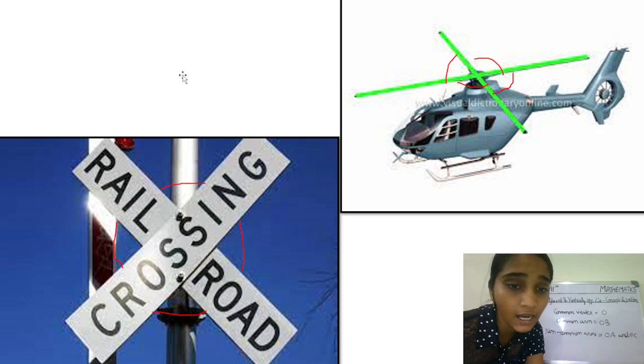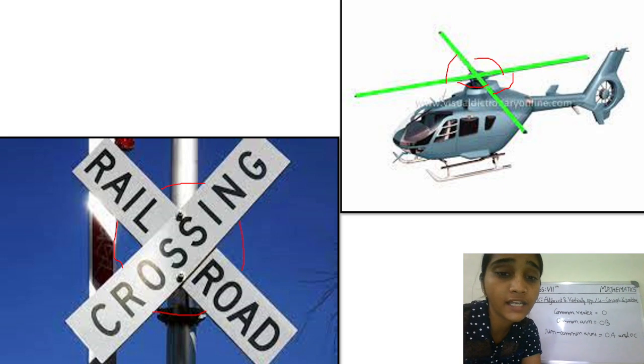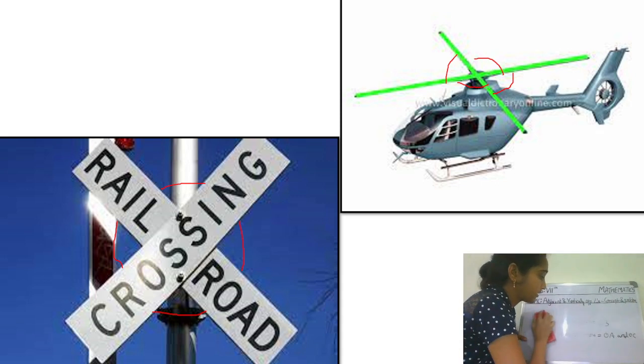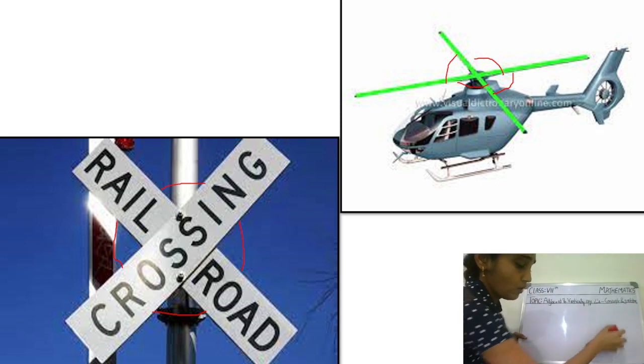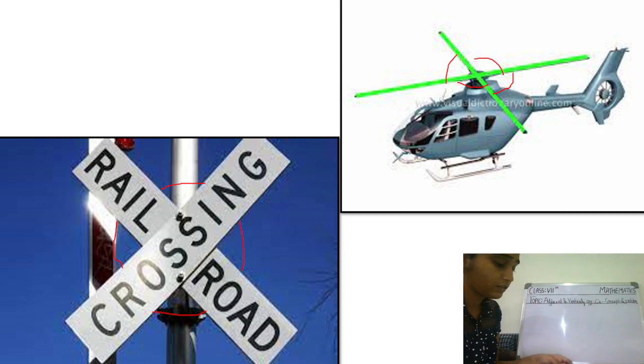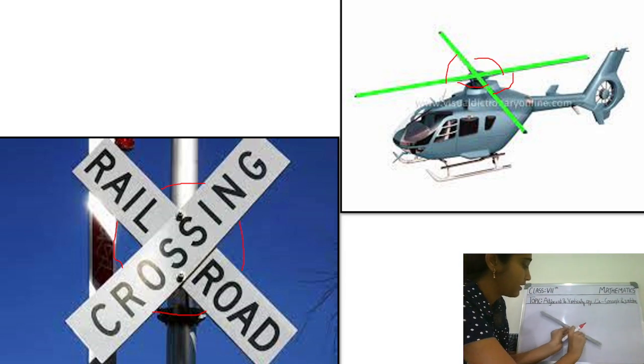So students, if I ask you to mark opposite angles in them, what will you mark? Okay, so they are representing the angles, so let me simplify it in the form of a figure on the board.